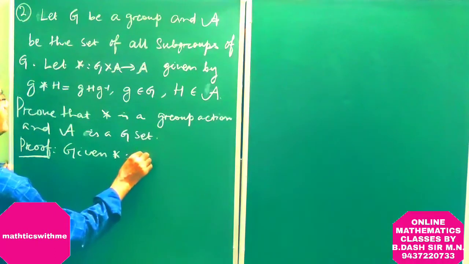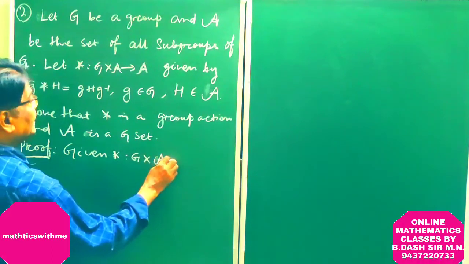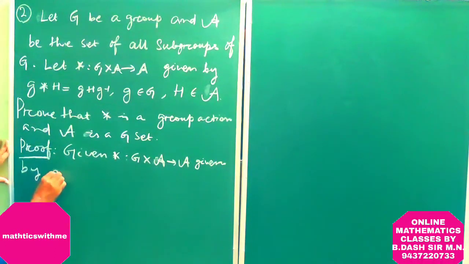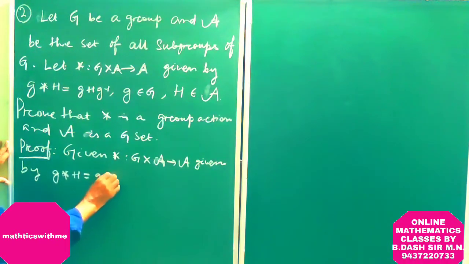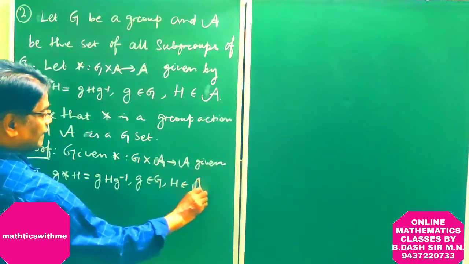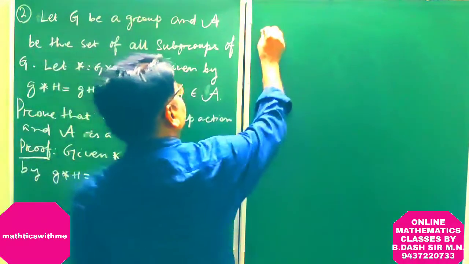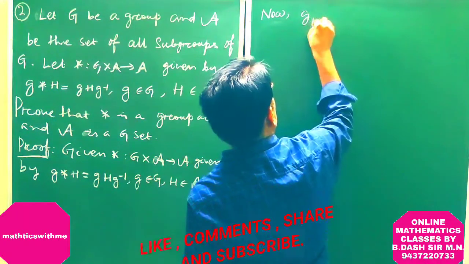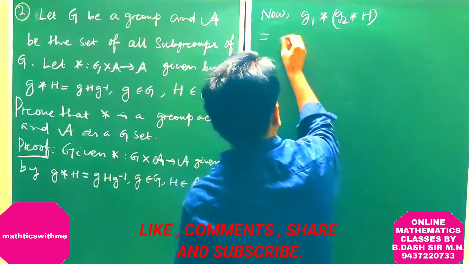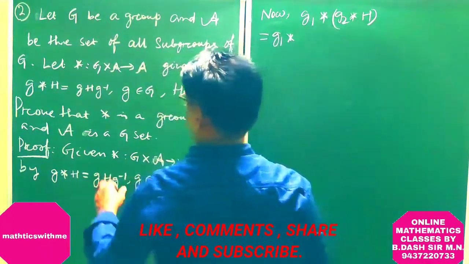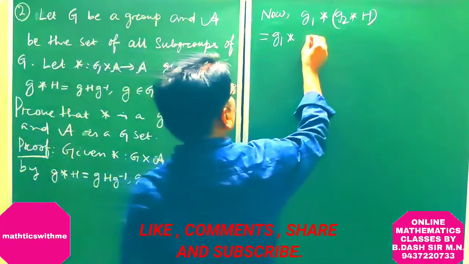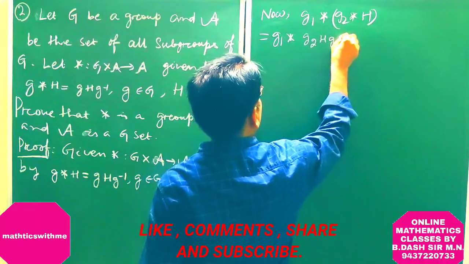the mapping star maps G cross A to A given by g star H equal to g H g inverse, g belongs to G, H belongs to A. Now g1 star g2 star H. So this is equal to g1 star, now g2 star H according to this definition is given by g2 H g2 inverse.